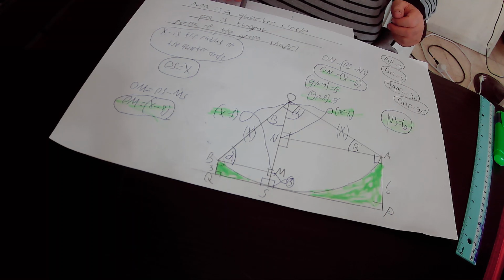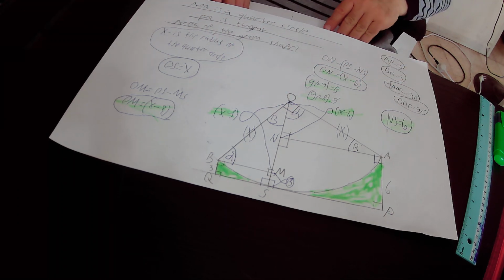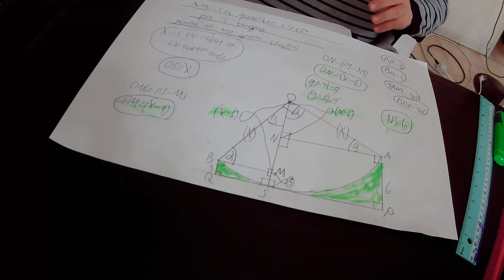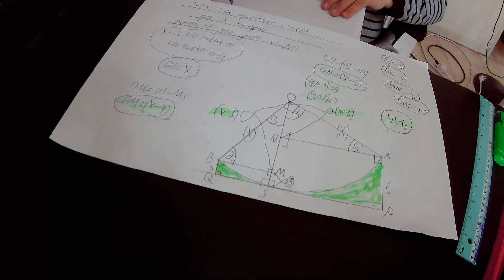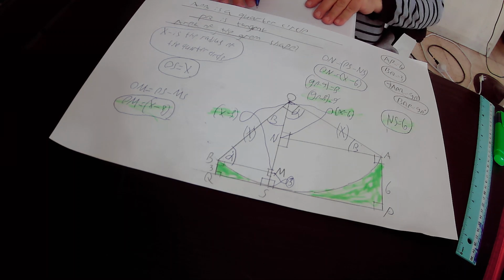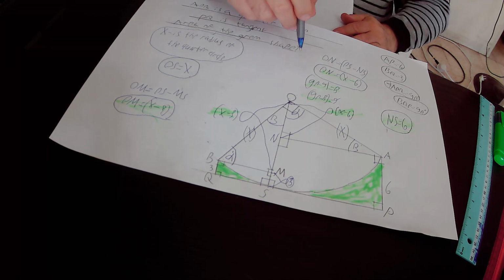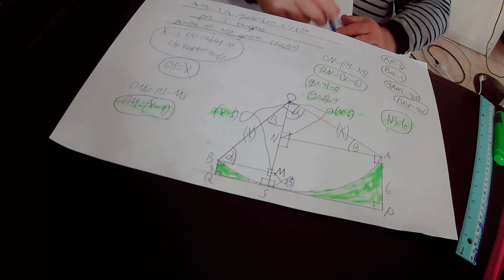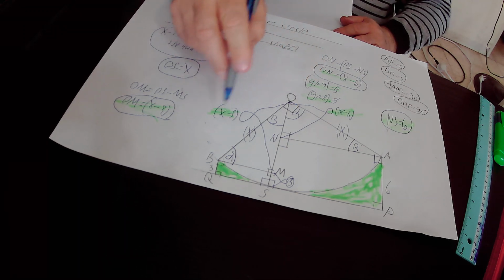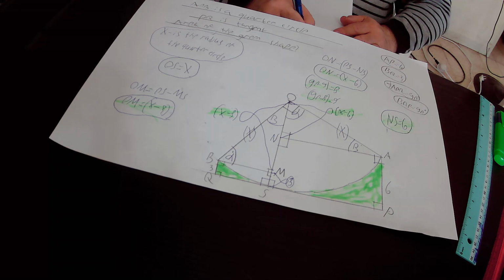Okay, and from the fact that those two right triangles can go into each other, we will derive that side ON in the right triangle ONA is equal to side MB in the right triangle OMB.